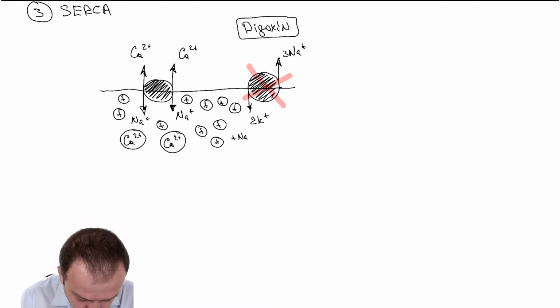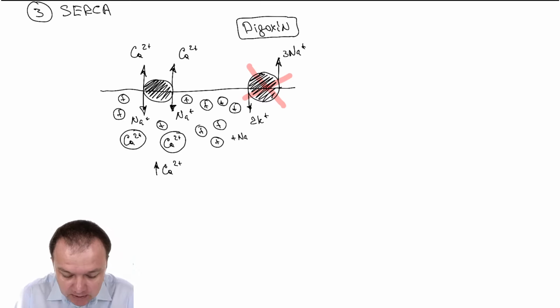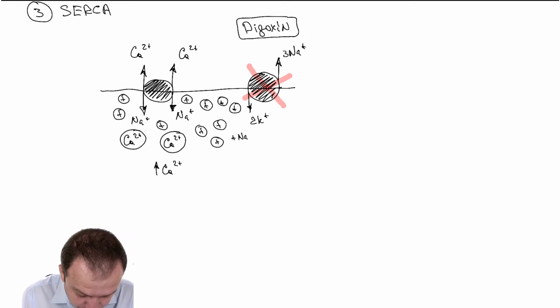As a result of that, we have rising in calcium level inside the cell, and this is important, as increased amount of calcium causes increasing in contractility.